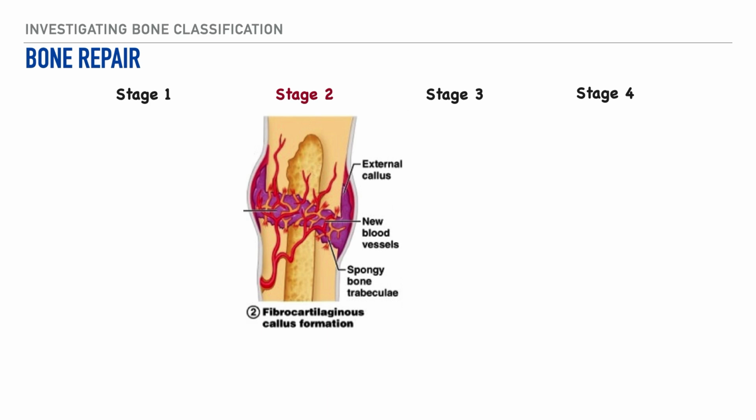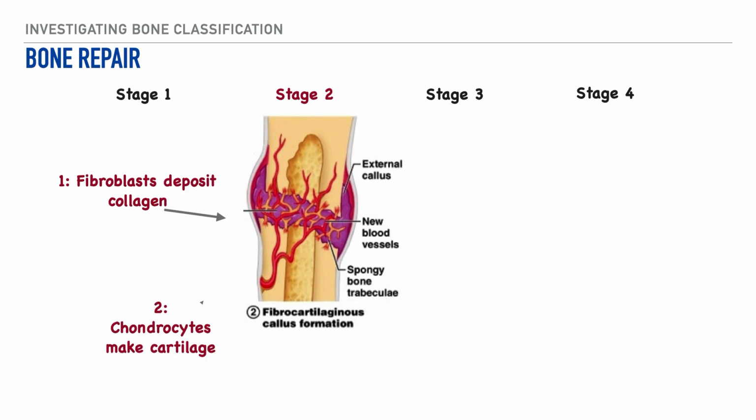In stage 2, we have the deposit of fibroblasts in the fractured area. These are specialized cells that help to create and deposit collagen, which is a key element to all tissues, helping to provide them with the strength and resiliency they need.